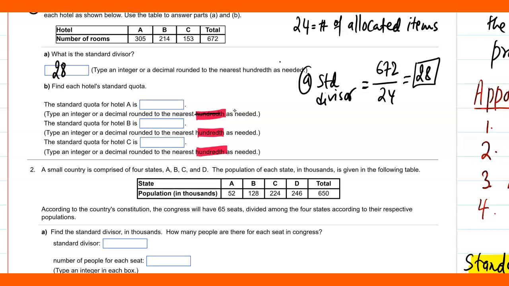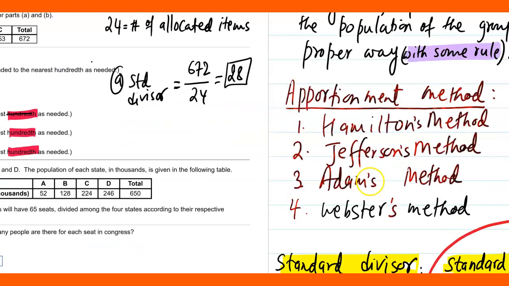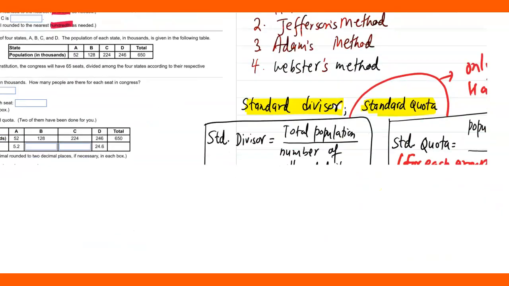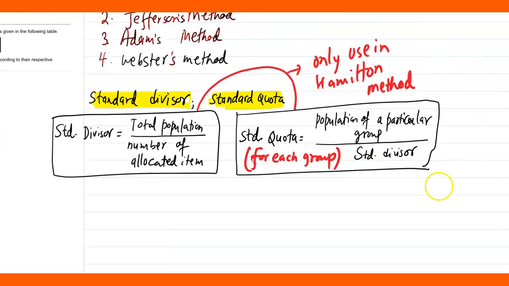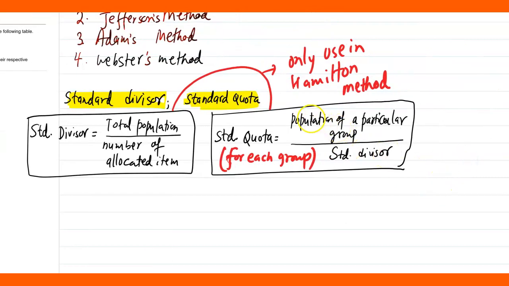Okay. Therefore, how do you find the standard quota for hotel A? What's the formula? Listen, that's the formula here. A standard quota is the population of the particular group divided by the standard divisor. Therefore, you divide the population of the hotel by the standard divisor.